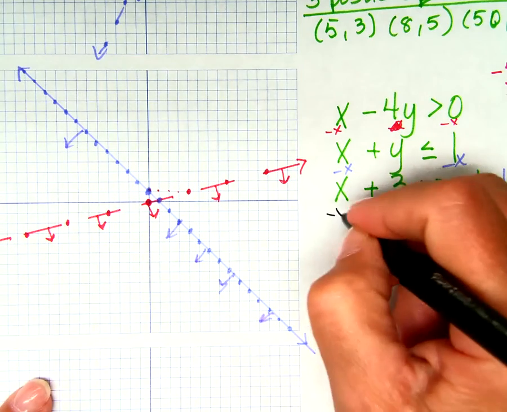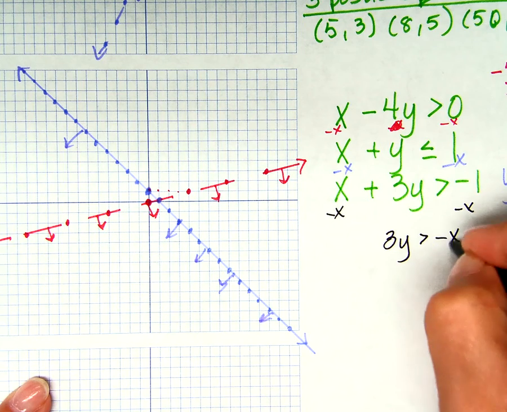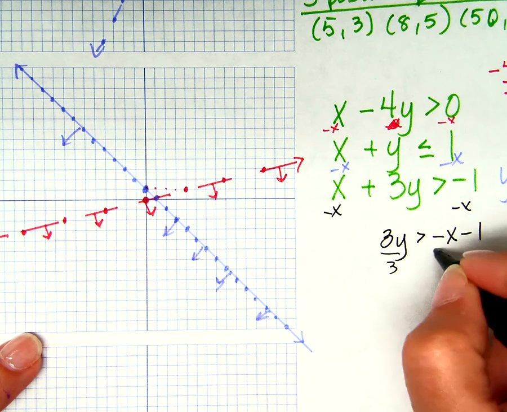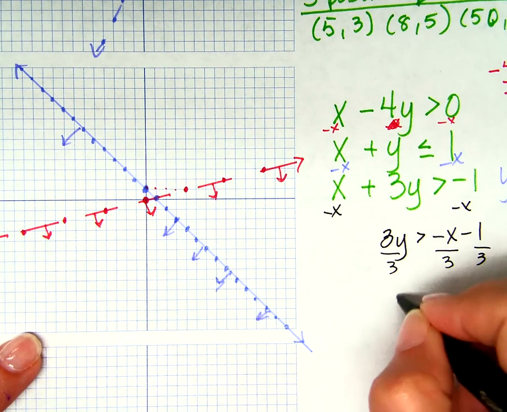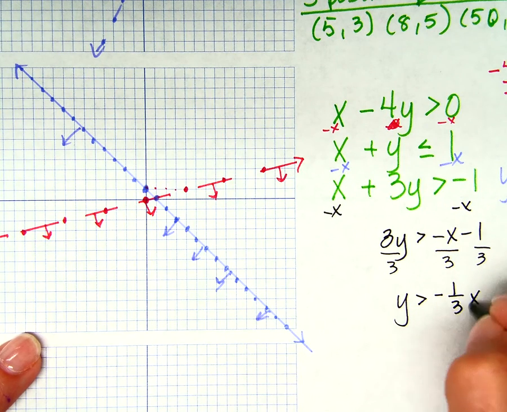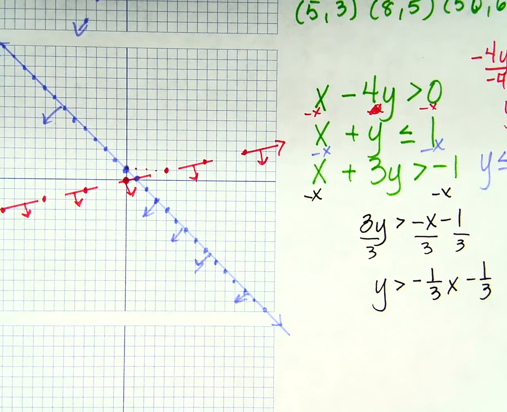Subtract x from both sides. 3y is greater than negative x minus 1. Dividing everything by 3, I get y is greater than negative 1/3 x minus 1/3. Ugh. Do I freak out when there's fractions?